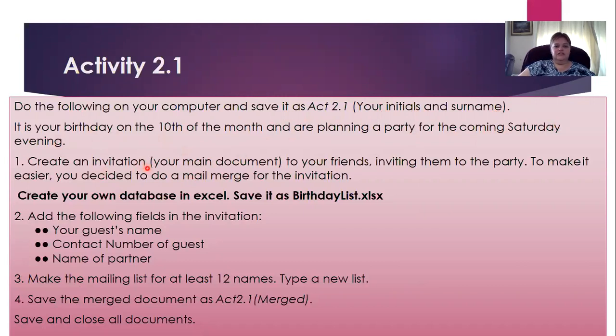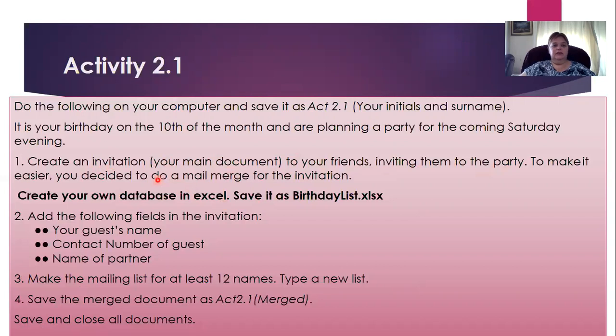Create an invitation, your main document. Remember I said you write your letter. Now you can insert pictures, styles, colors, all sorts of things. It's up to you what your invitation is going to look like. So you create an invitation to your friends, inviting them to the party.